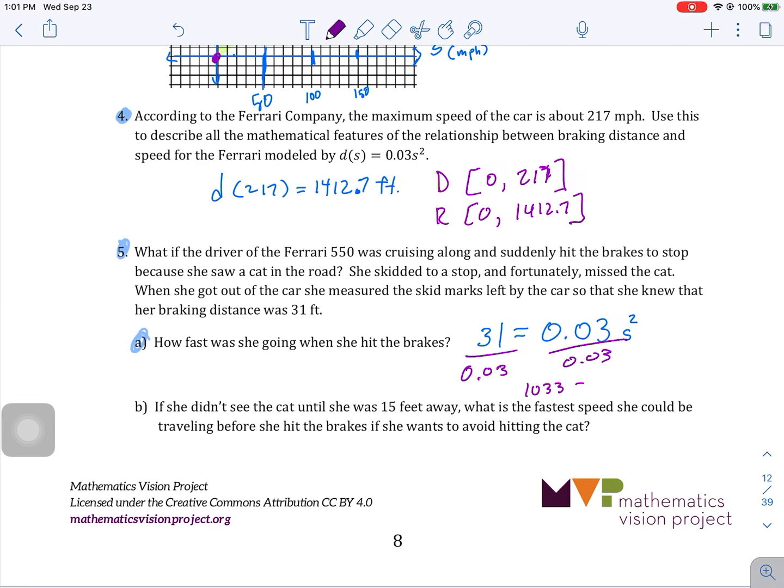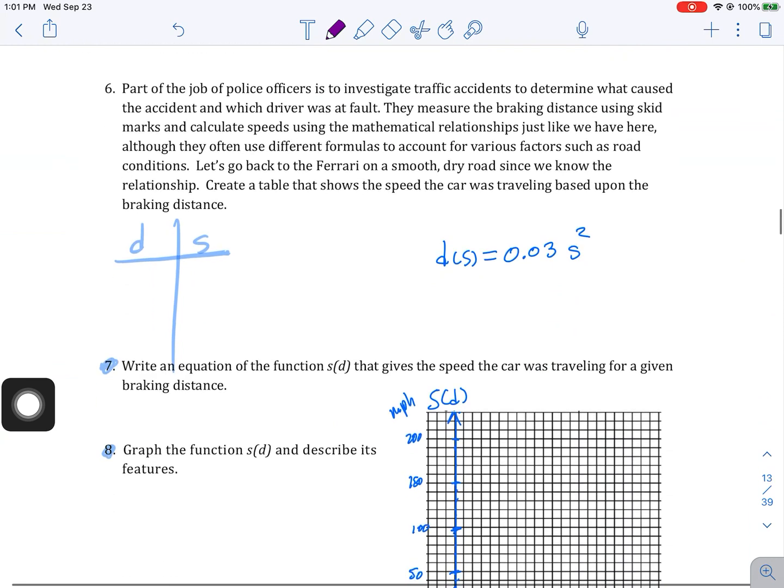So I've got 1,033 equals s squared. So s is going to be the square root of 1,033. And that is about 32. So s is approximately 32 miles per hour. Okay, so does that make sense? 31-foot skid, 32 miles per hour.